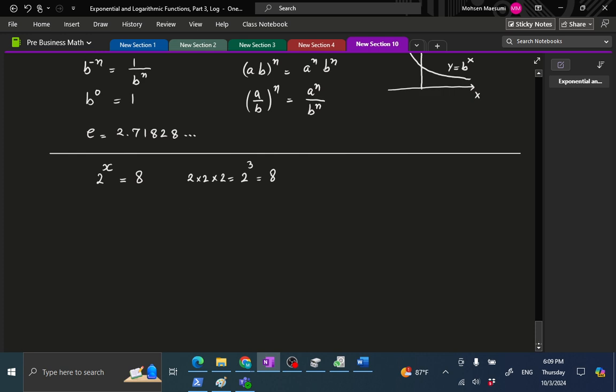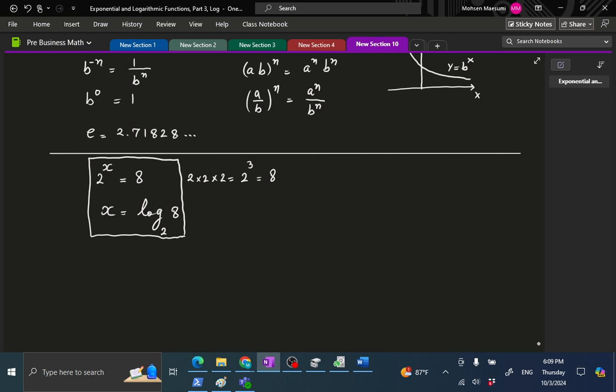So the way we write the answer to this question is x is equal to, we use the word logarithm, of 8 in base 2. So we take these two to mean the same thing. The first one is the one we are familiar with, 2 to the power of x is equal to 8.